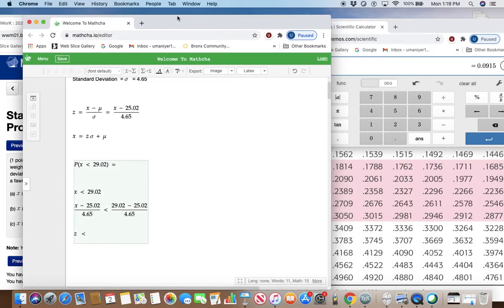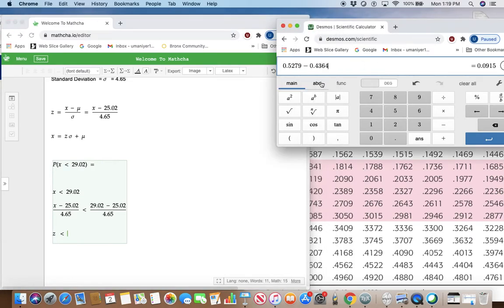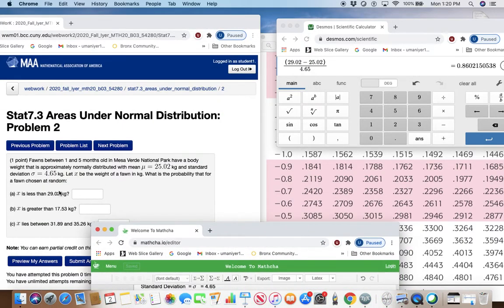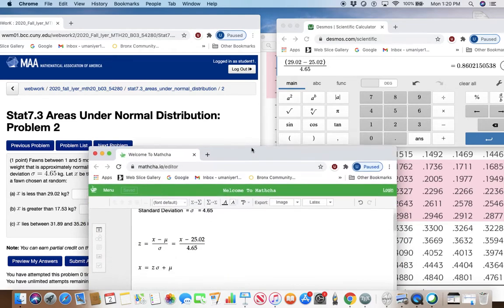Let's calculate using a calculator. Parenthesis, 29.02 minus 25.02, closed, divided by 4.65. I hope I have the numbers correct: 29.02, 25.02. Okay, good.